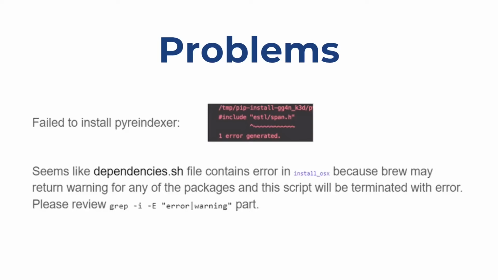And also another problem: it seems like the dependencies shell script file contains an error in install host 6, because brew may return a warning for any of the packages, and the script will be terminated, and this is how it can be fixed.